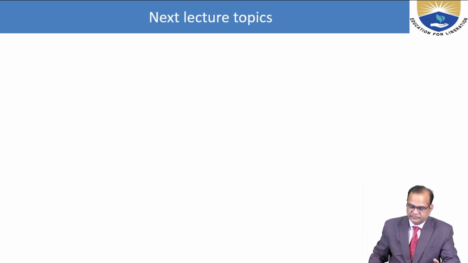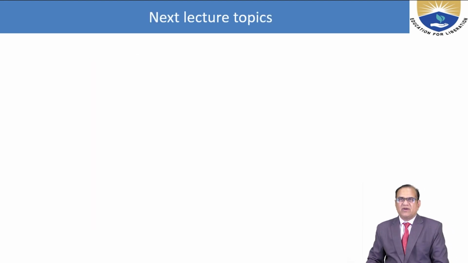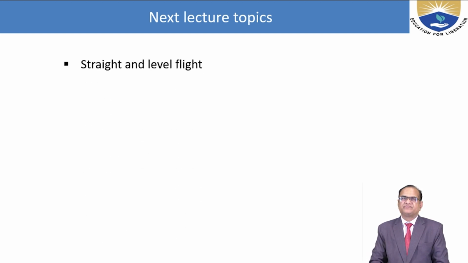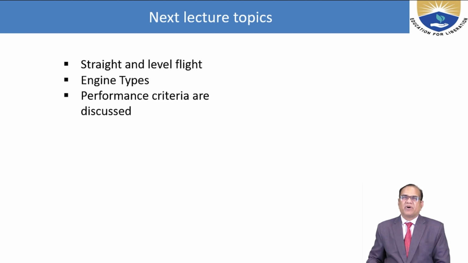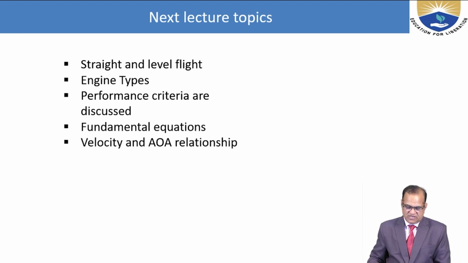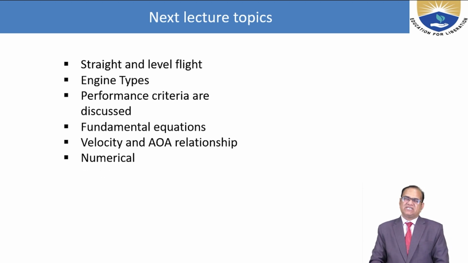So in the next lecture I am going to talk about these topics: steady level flight, engine types, performance criteria, fundamental equations, velocity and angle of attack relationship, and then one numerical we will also be discussing in the next lecture.